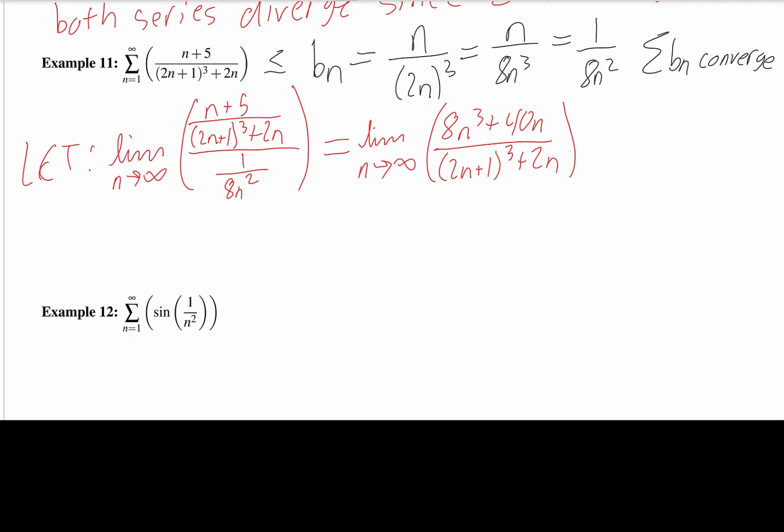Alright, and so now if I look at dominating terms, we'll have this 2n, which gets cubed on the bottom, so that'll give us an 8n cubed. So we have 8n cubed over 8n cubed, which is going to give us 1, which is greater than 0 and less than infinity. Which means that both series have to converge since our b sub n series converges.